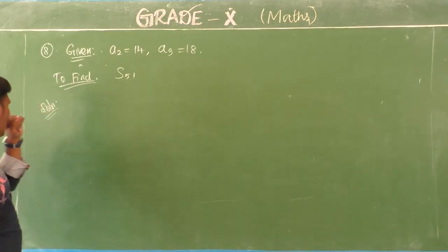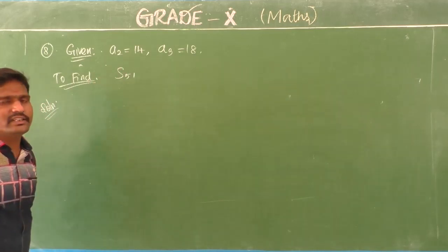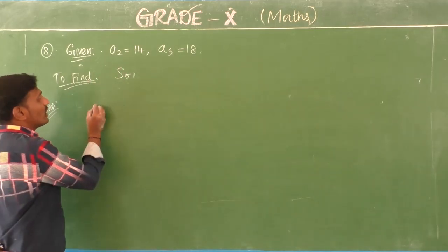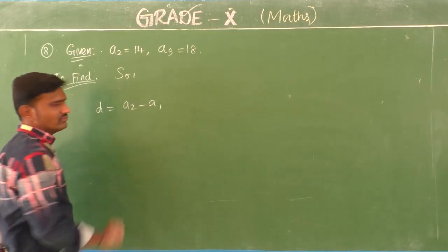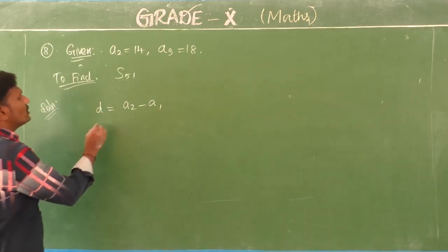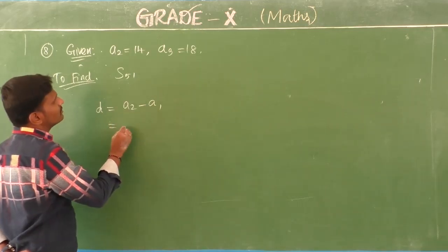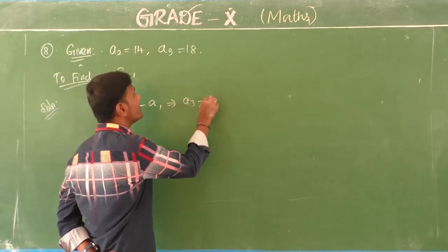Or otherwise, in a simple way, you have the second and the third term and I have a formula: the common difference D equals A2 minus A1. So D equals the second term minus the first term, or otherwise A3 minus A2 also.